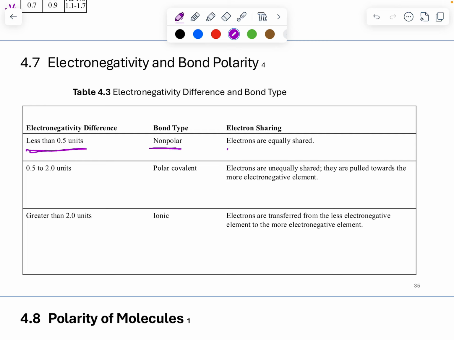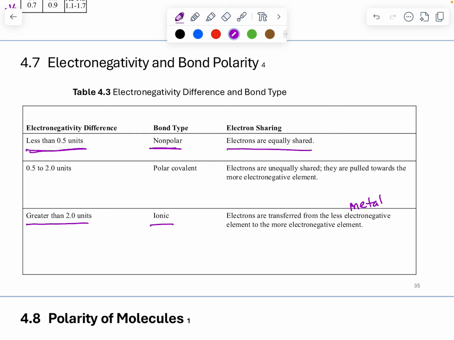If the difference is greater than 2 units, then we call that an ionic bond. And we know in ionic bonds that electrons are transferred from the less electronegative, which would be the metal, to the more electronegative, which would be the nonmetal.